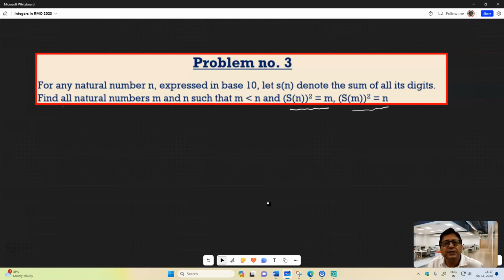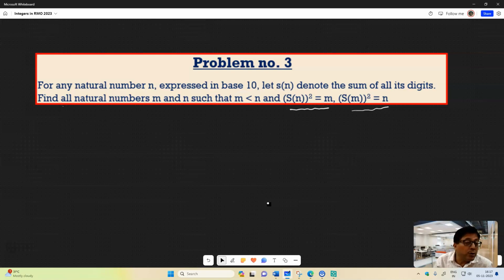So when you observe the question initially, you think that it's a huge number theory problem. You need so many concepts here. We have to find Sn square equal to m and Sn square equal to n. But I am telling you, it is true that it can be approached by an extraordinary student of class 8 also.